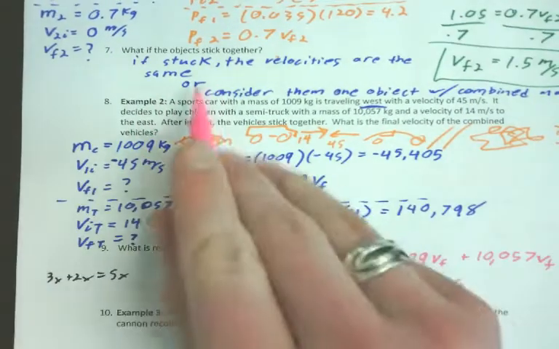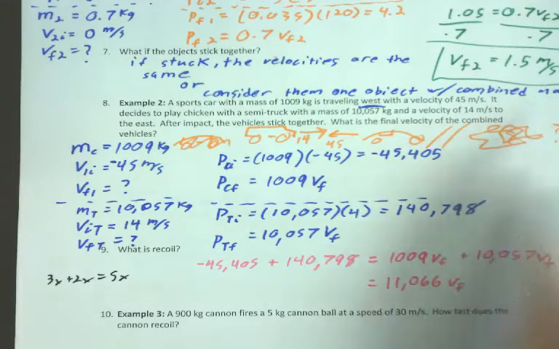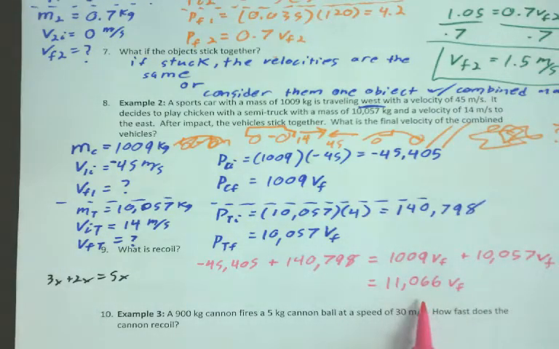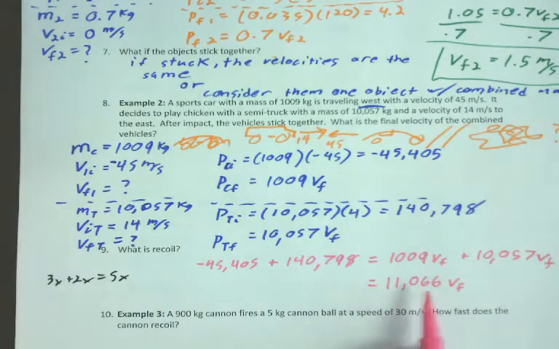Remember what I said? You can consider them one object with a combined mass. What do you notice about this momentum? It's the momentum of the combined object of the car and the truck: mass 11,066 times velocity v.